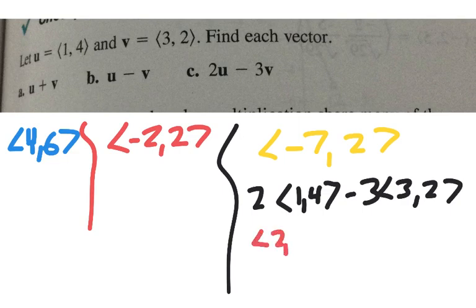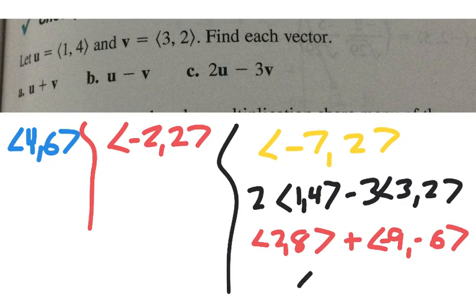That's going to give me 2, 8 as my resultant vector. And then the second vector, when I distribute that negative 3, that's going to give me negative 9 and negative 6. When I combine 2 and negative 9, that's negative 7. When I combine 8 and negative 6, that's positive 2.